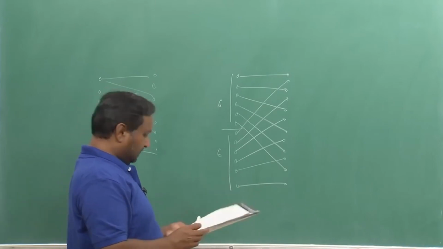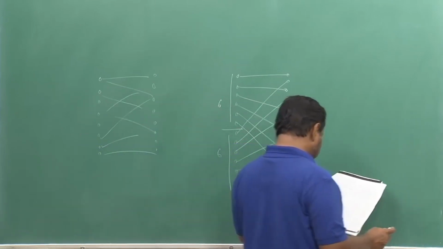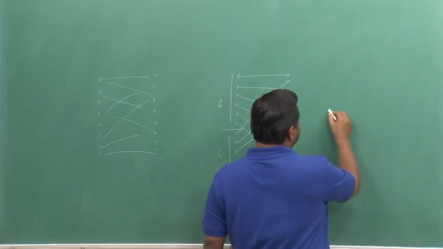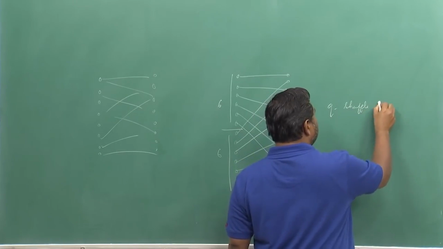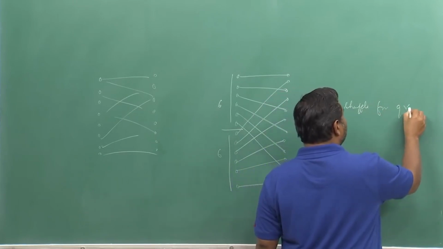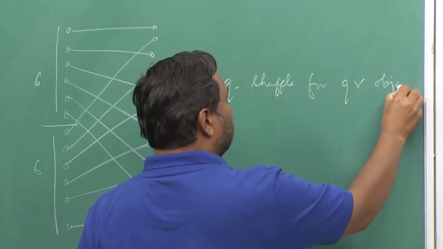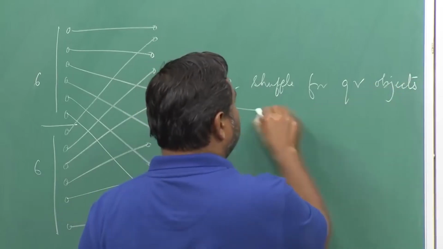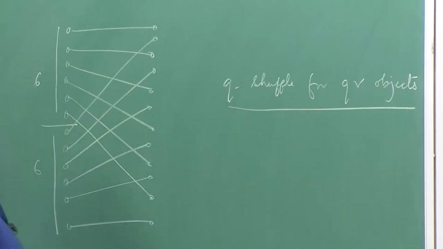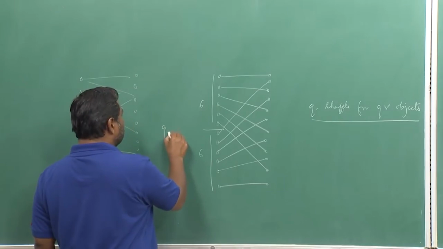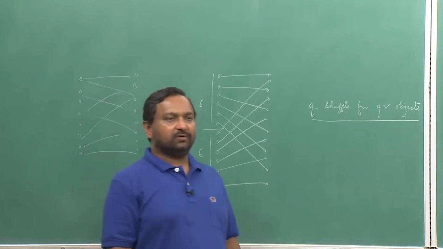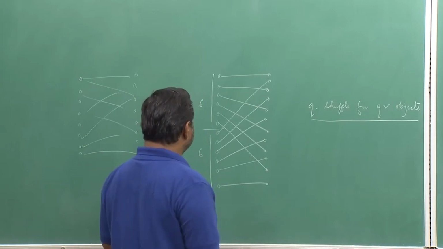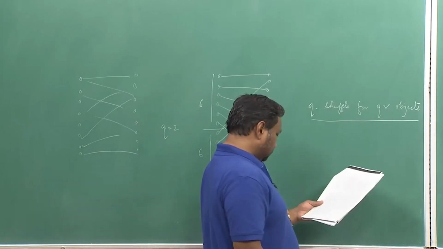In general I can define a Q shuffle for Q into R objects. Here Q is equal to 2 and R is equal to 6, and Q into R is the total of 12 objects.